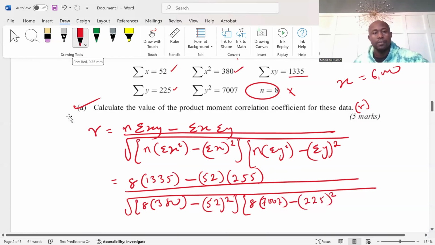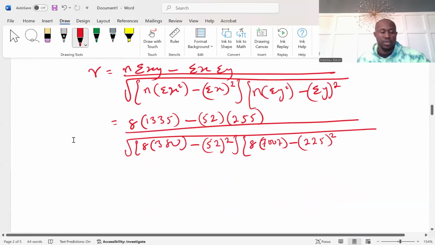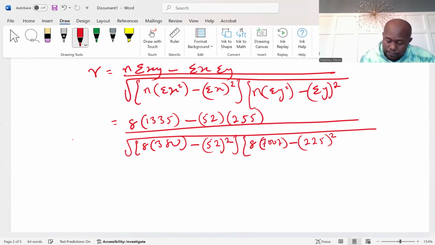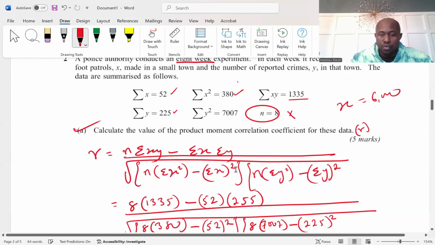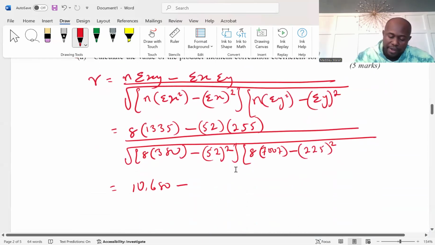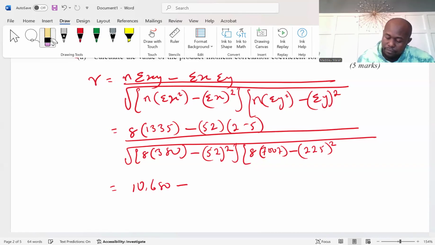Now to the calculator. 8 times 1335 gives me 10,680, minus 52 times, and for Y, let me confirm the value again: 225, not 255. 52 times 225 gives me 11,700.